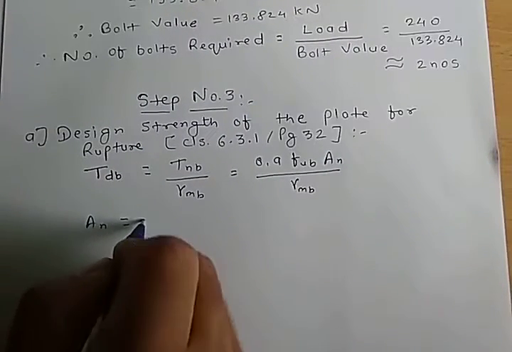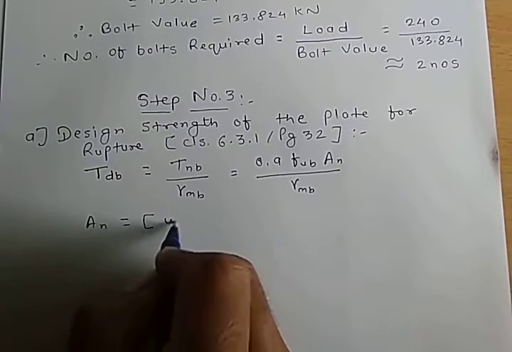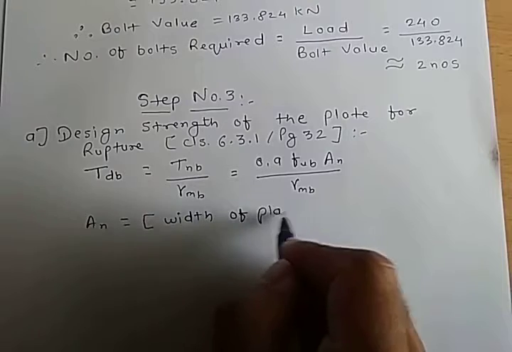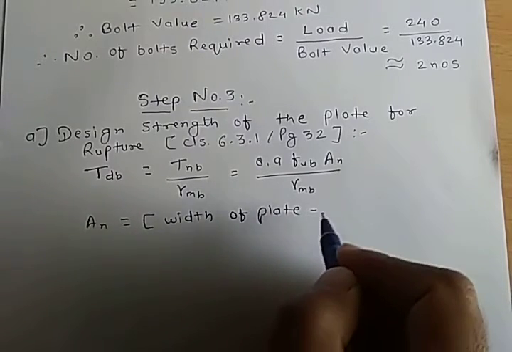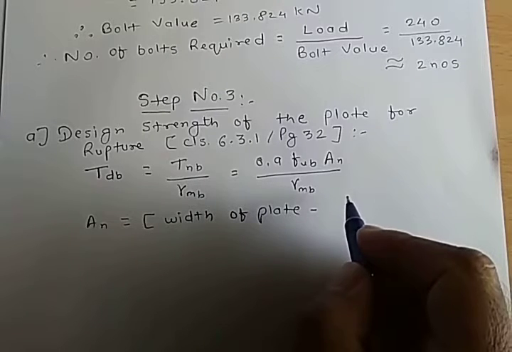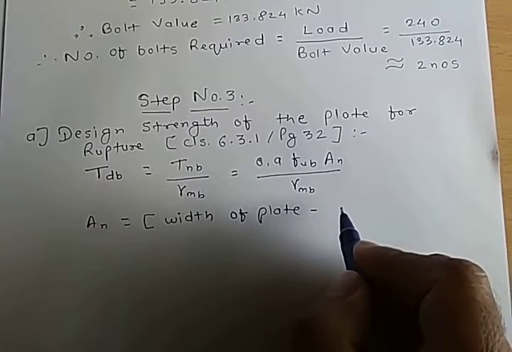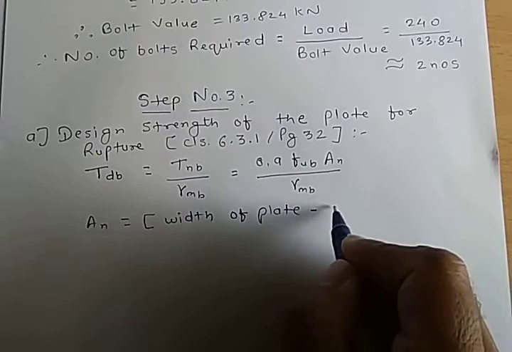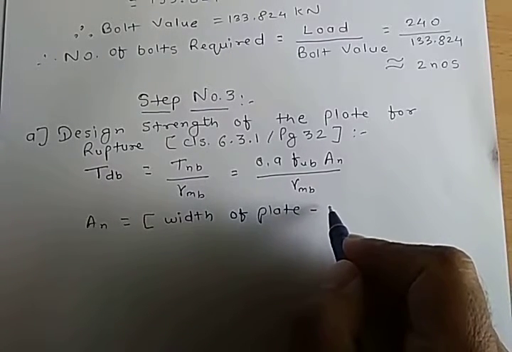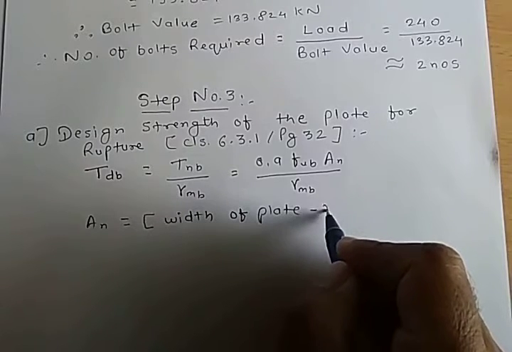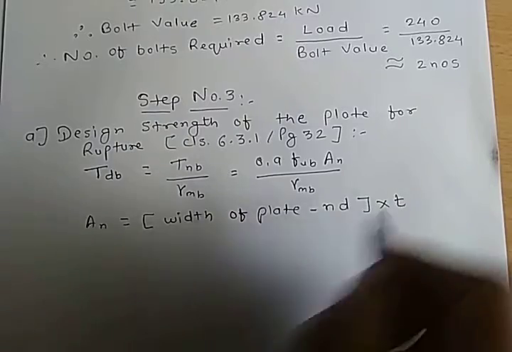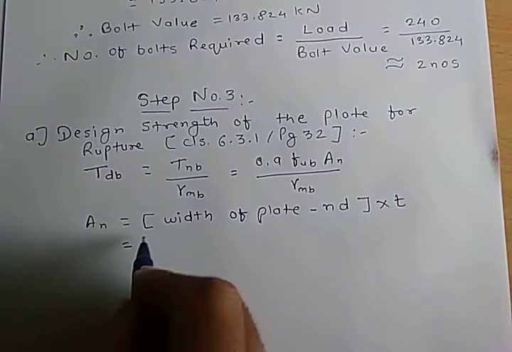AN, we have seen, equals the width of the plate minus n D, multiplied by T, where n is the number of bolts we have.